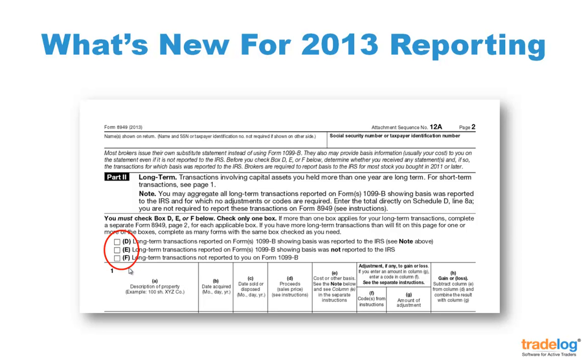So your 1099-B may refer to Part 2, Section A instead of Part 2, Section D. You might see some of those little nuances with the reporting. In some of our online documentation, we've tried to account for that and remind you that it could be labeled either way. So not a huge change, but that's really the biggest change you're going to see with the Form 8949 from the IRS this year.